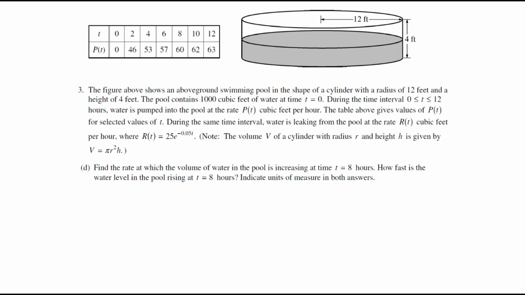Right? Did you know that there were 1,000 cubic feet of water at t equals 0? And in part D, we're looking for the rate at which the volume of the water in the pool is increasing at t equals 8. And then we also want to know how fast the water level is rising.